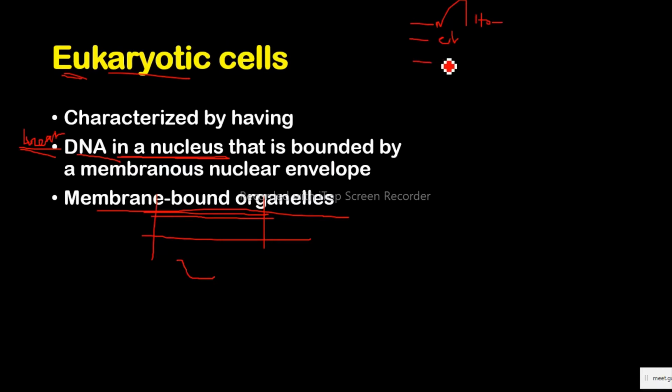You find a nucleus. You find in a complex array of these organelles, Golgi apparatus, endoplasmic reticulum, etc. And actually we shall study all those organelles.